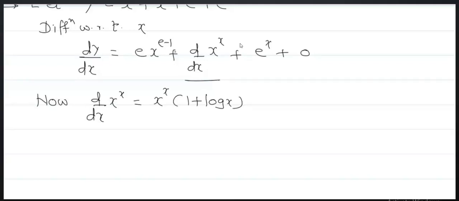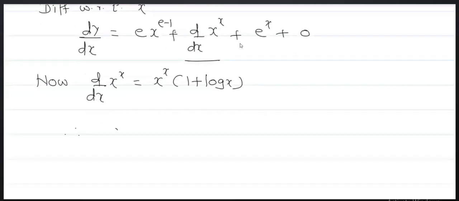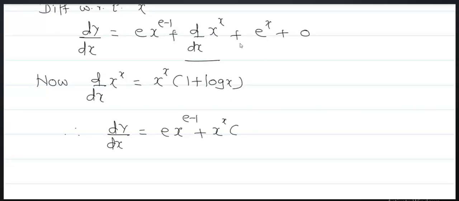Now I will substitute the value. Therefore dy by dx is equal to e into x raised to e minus 1, plus x raised to x in bracket 1 plus log x, plus e raised to x.